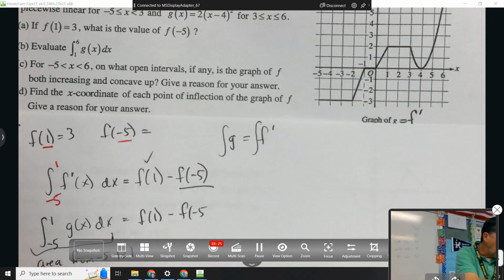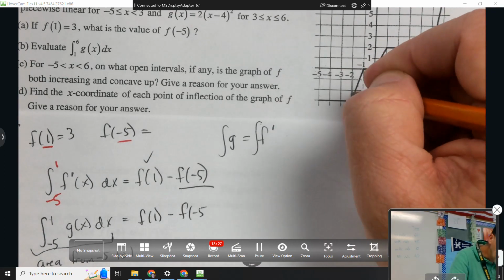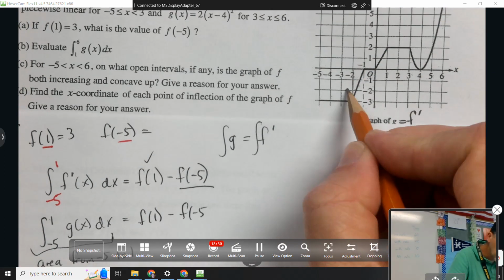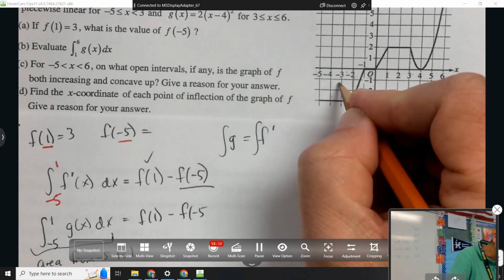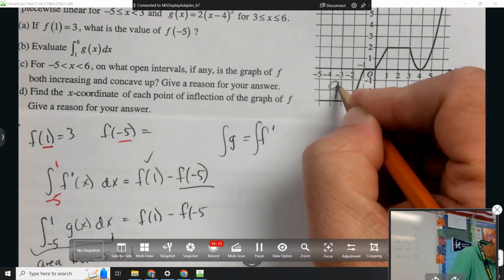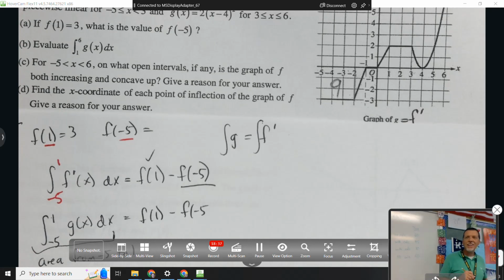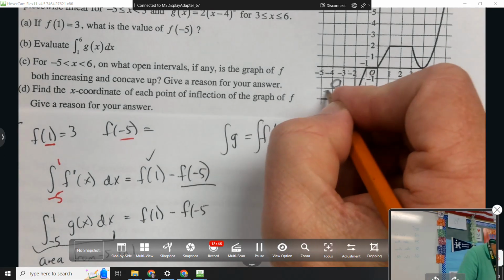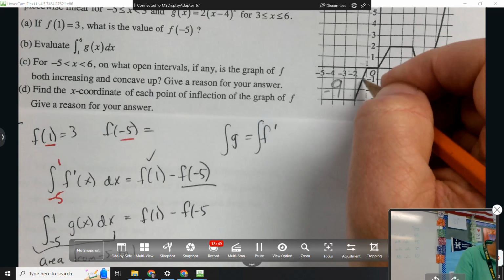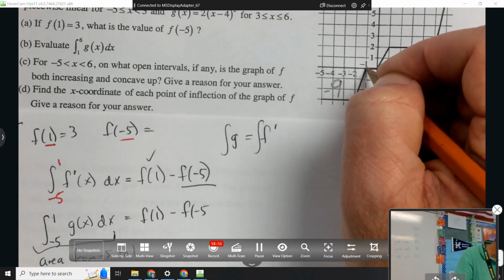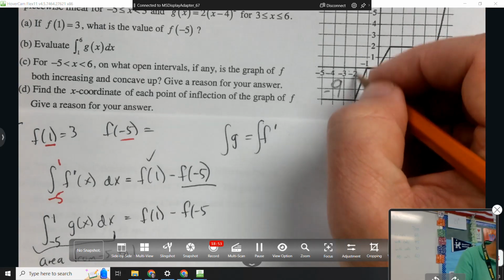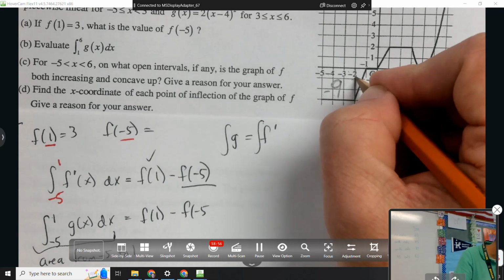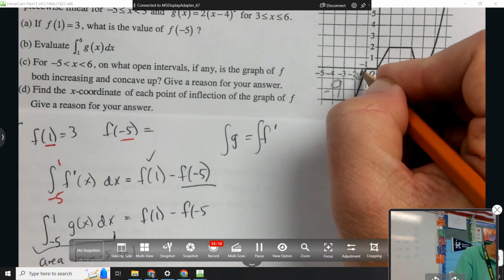And maybe draw in some areas. 1, 2, 3, 1, 2, 3. So that 3 by 3 is a 9 block, but I'm going to label it as something other than 9. Negative 9, because it's below. So that's negative 9. Then from negative 2 to 1, that's a triangle, 1/2 base times height. It would be negative 1.5.